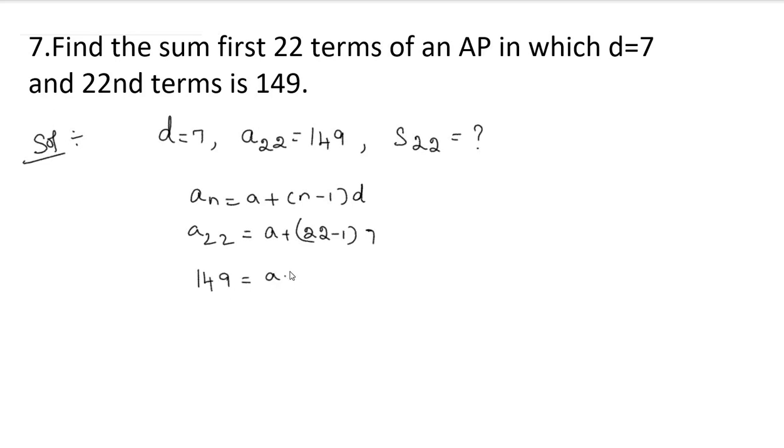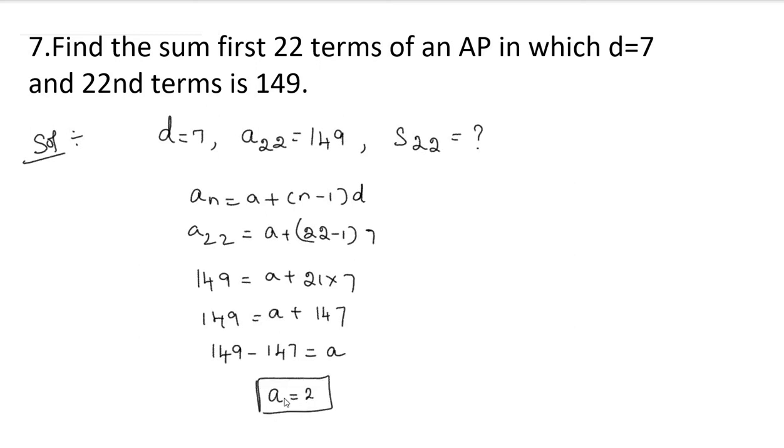A22 is 149, so 149 is A plus 21 into 7. What is 21 into 7? 147. So 149 minus 147 is equal to A. So we are getting A is equal to 2.